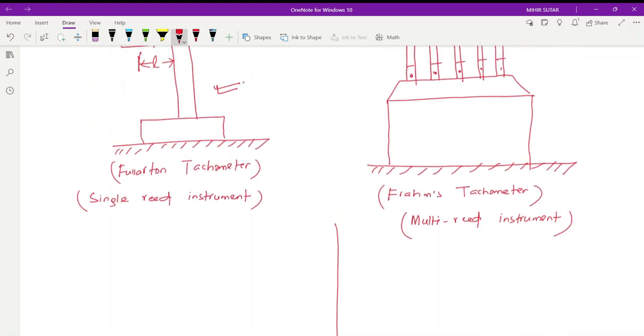This single reed instrument basically uses a variable length cantilever strip.